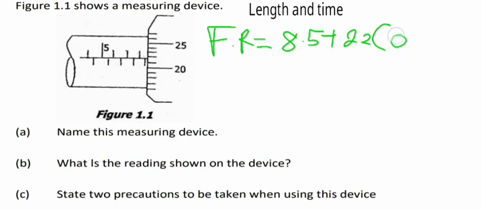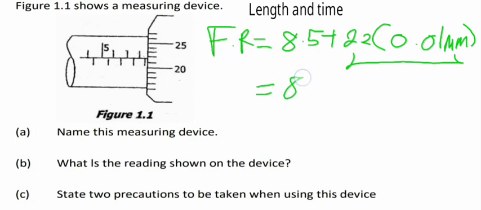So the accuracy of the micrometer screw gauge in millimeters is 0.01 millimeters. Right. So here when I multiply, I'm going to get 0.22. So we have 8.5 plus 0.22 millimeters.